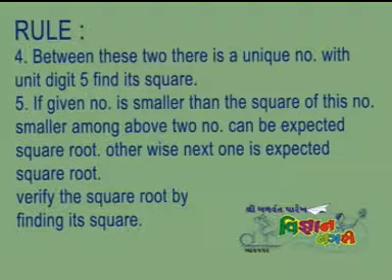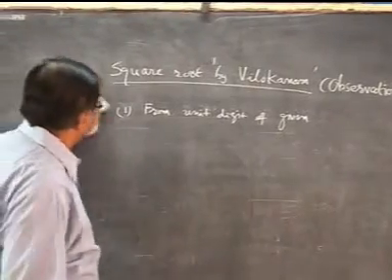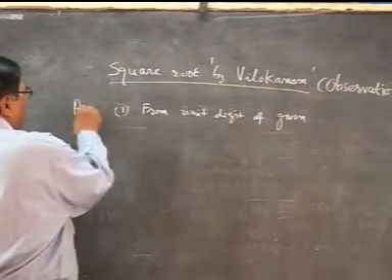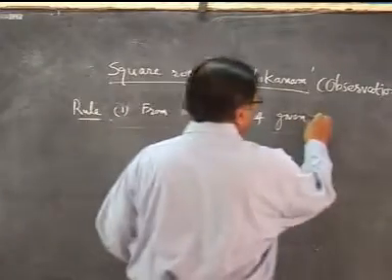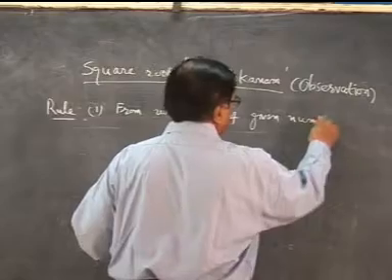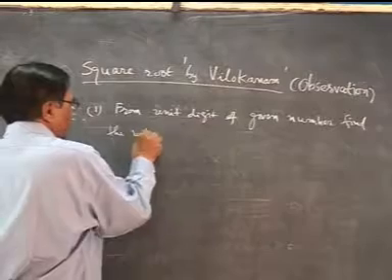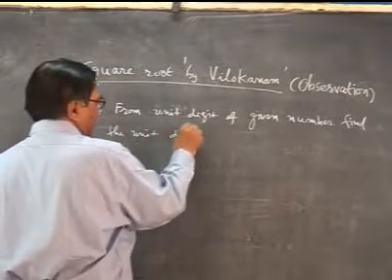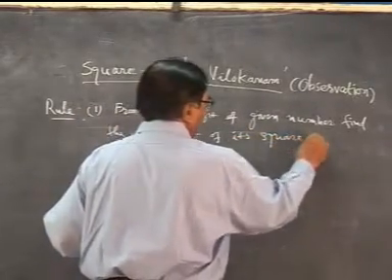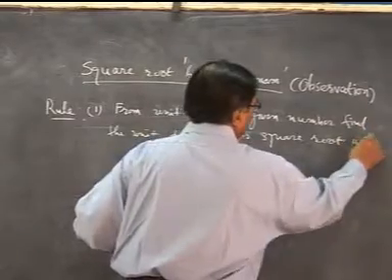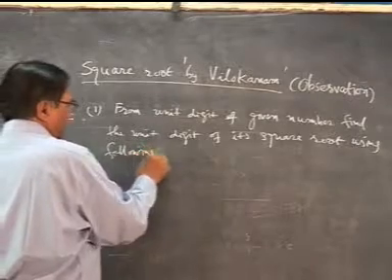From the unit digit of the given number, find the unit digit of its square root, using the following table.